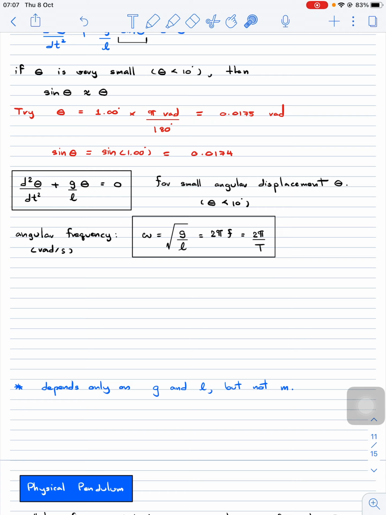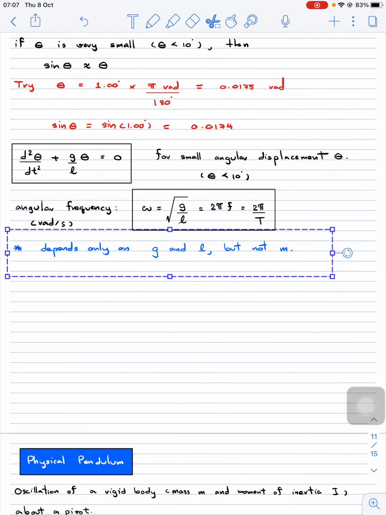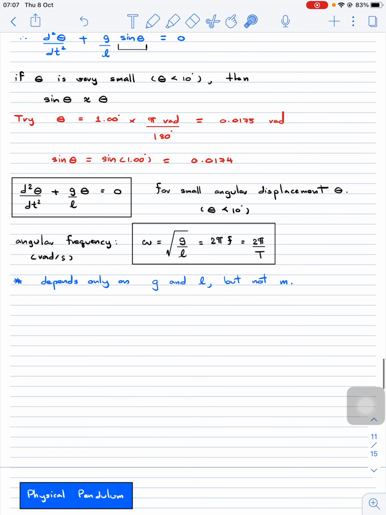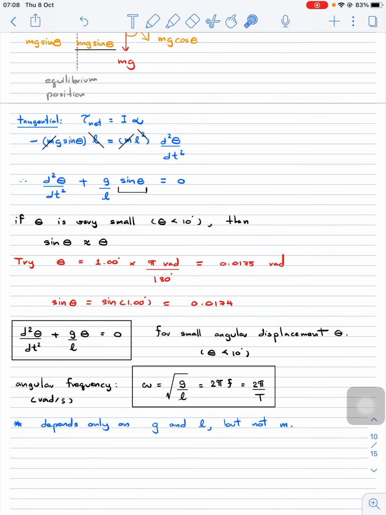Then omega equals the square root of g over L, equal to 2 pi times f, equal to 2 pi over the period T. One thing to keep in mind is that the angular frequency, period or frequency only depends on the gravity g and the length of the string L. It doesn't depend on the mass of the bob. So if you use a large mass or a small mass, you should get the same period T.